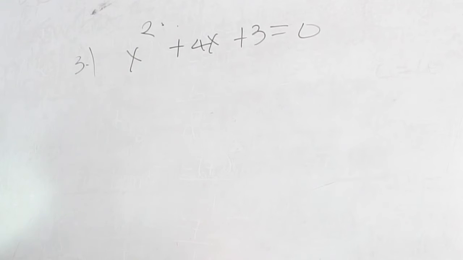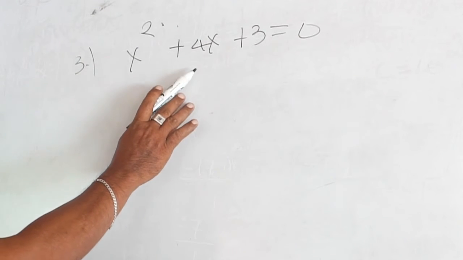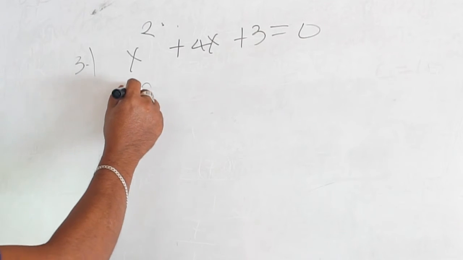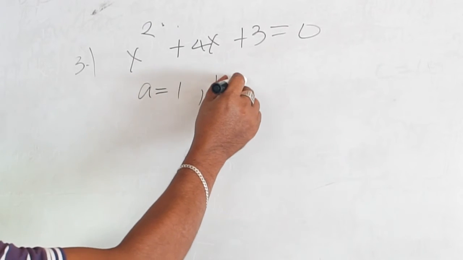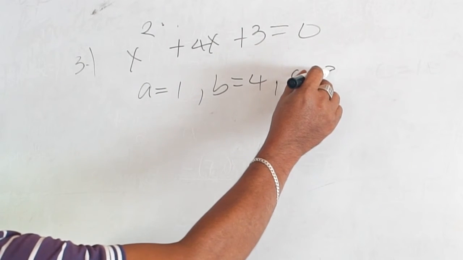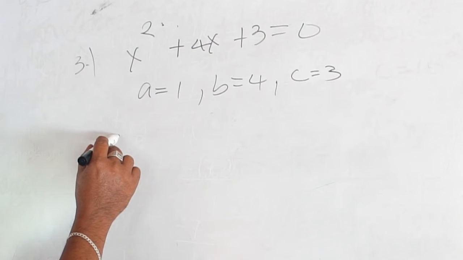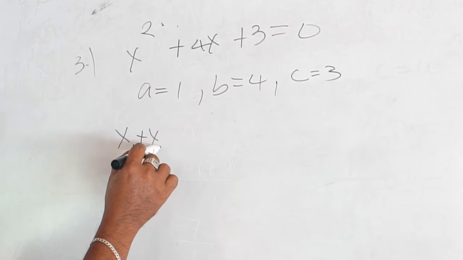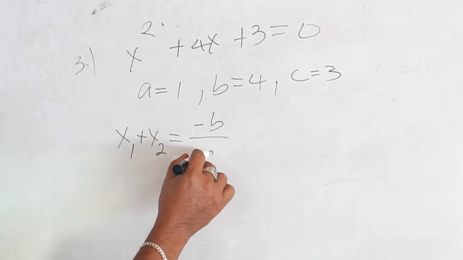Okay, so we have another example. Example number 3: x squared plus 4x plus 3 equals 0. The value of a is 1, the value of b is 4, and the value of c is positive 3. Then substitute to find the sum: x sub 1 plus x sub 2 is equal to negative b over a.